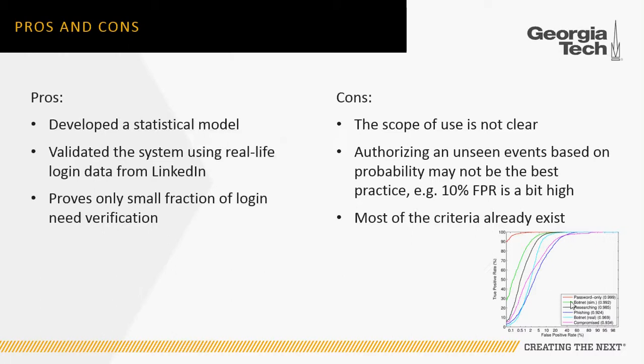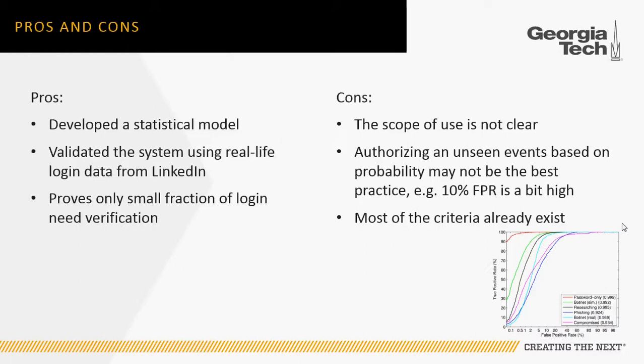Lastly, I think the paper provided a very interesting statistical model, and it doesn't need to use the attack data from the user's previous login history. But in terms of the features or criteria, it's actually quite common, and I feel it's already used in a lot of models.